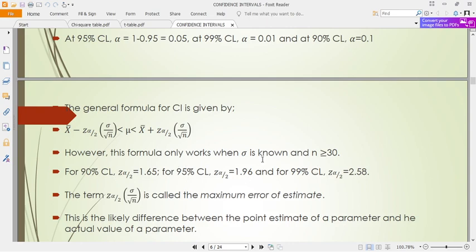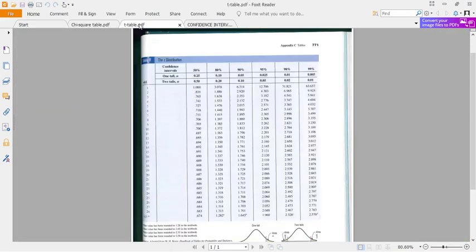So when we go to our Z table, here, I'm going to upload all these tables. At the bottom, you see Z alpha over 2. These are the different values of Z alpha over 2 at the given confidence levels: at 50%, at 80%, at 90%, at 95%, we saw the 1.96 in the previous slide, then at 98% and at 99%.